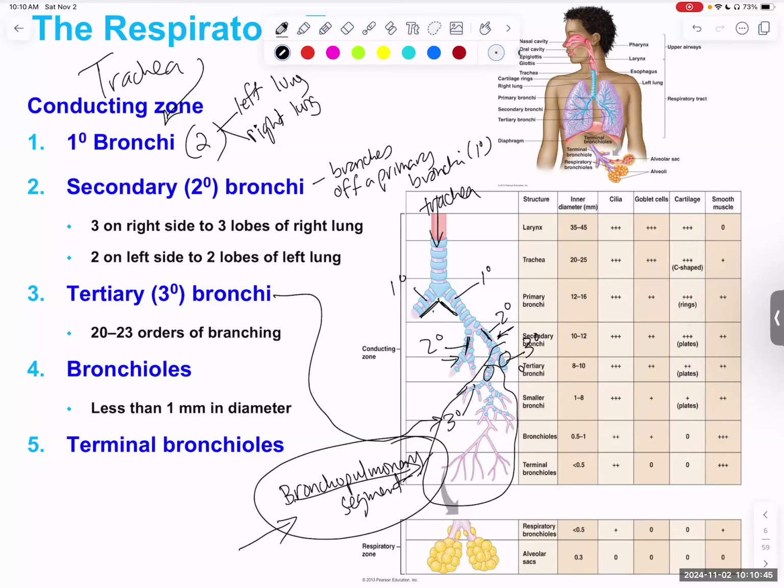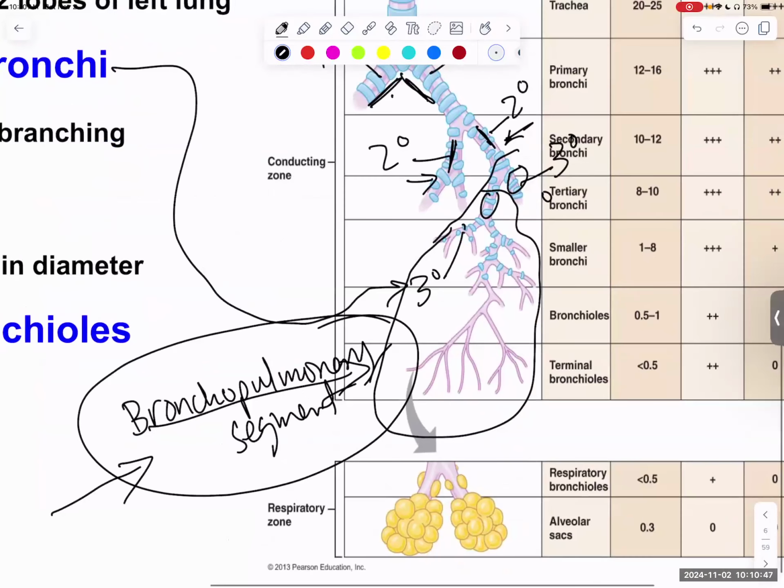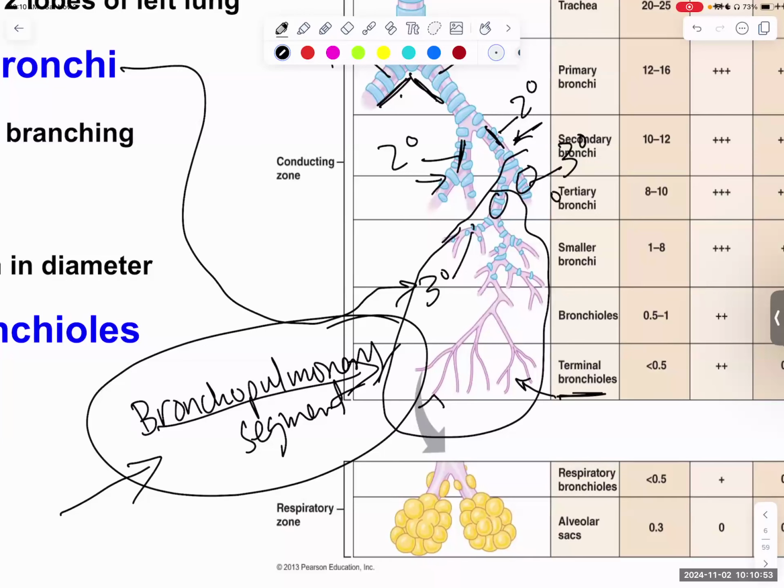Then the conducting zone goes up until those terminal bronchioles, tiny little ones. And then those terminal bronchioles are going to branch, like here, into the respiratory bronchioles. They're respiratory bronchioles because they have little alveolar sacs attached to them, but they also have singular alveoli on them.